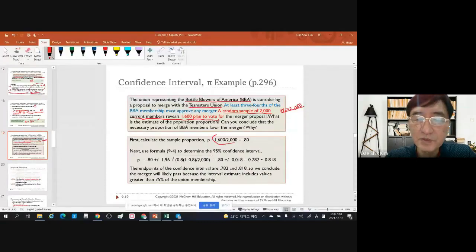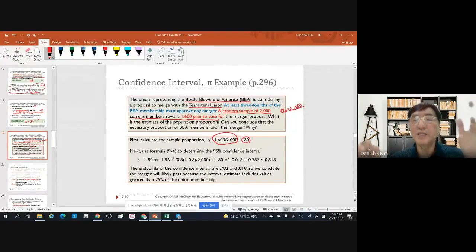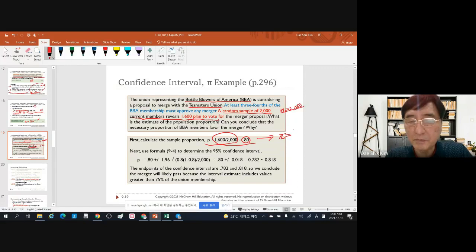When you divide, it is 80%. Using these numbers, can you find what pi, the population proportion, is? What is the estimated population proportion? Can you conclude that the necessary proportion of BBA members favor the merger, and why?